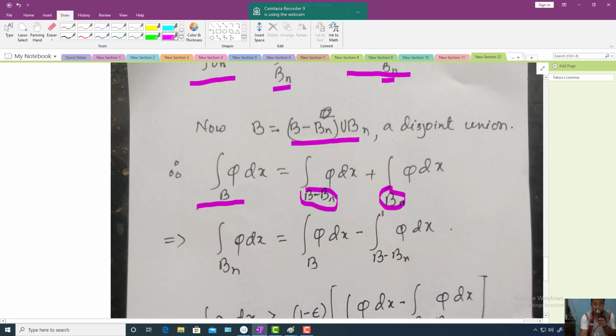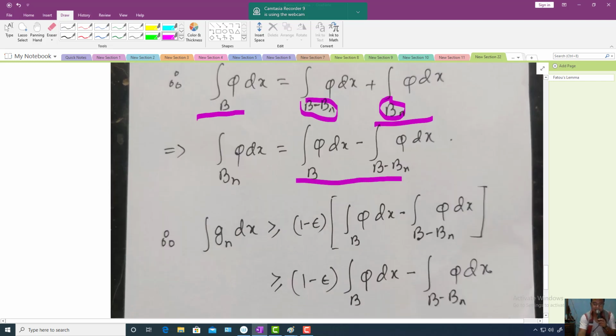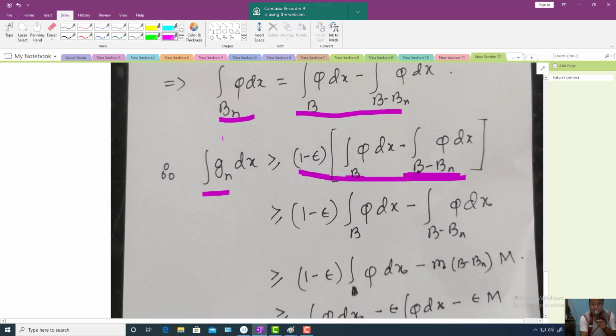So if you want to find this term, you get this. From here, the integration of gn dx is greater than or equal to this quantity, because this quantity has been replaced by this one. All right, so then you get this equality.